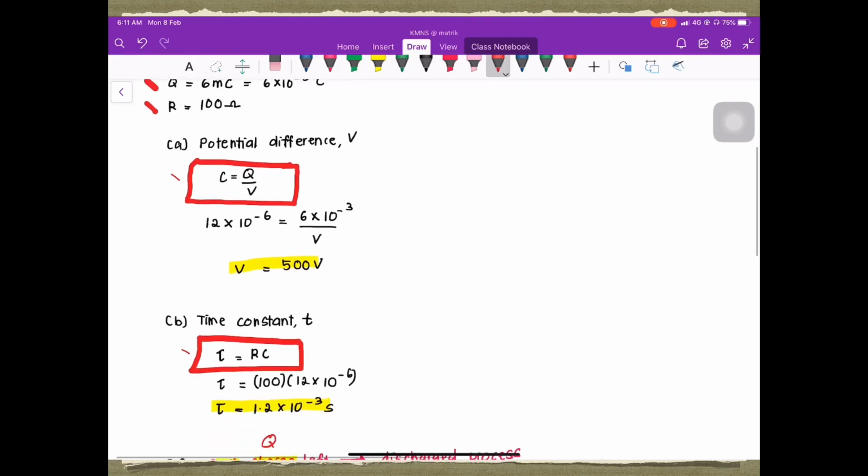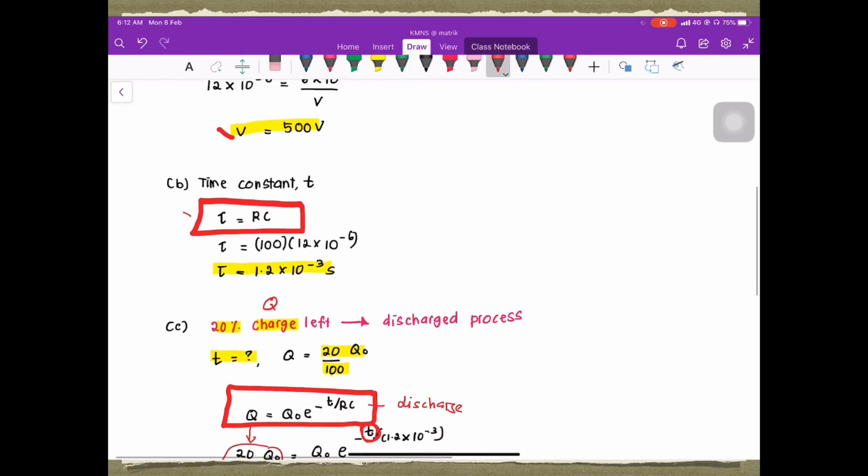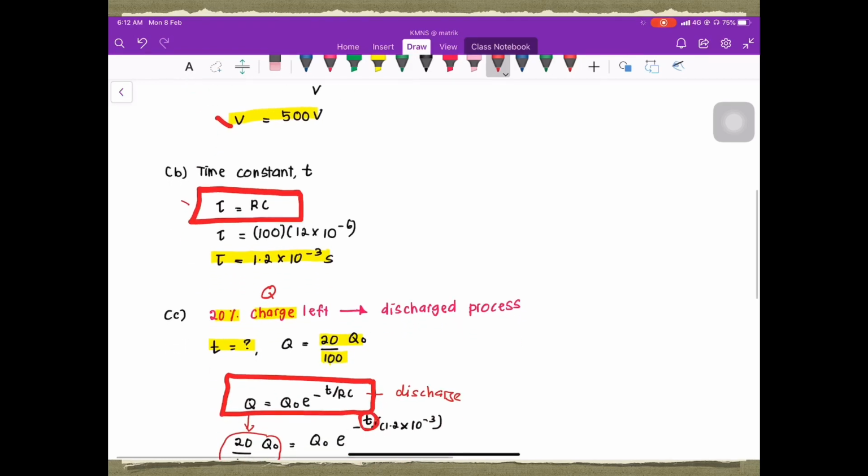A, how to calculate potential difference? By using C equal to Q over V, we get the answer 500 volt. B, to calculate time constant, we use tau equal to RC, then we get 1.2 times 10 to the power of -3 second.